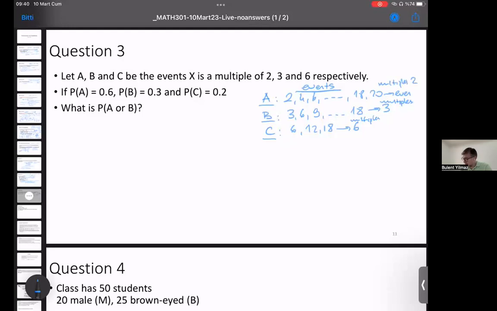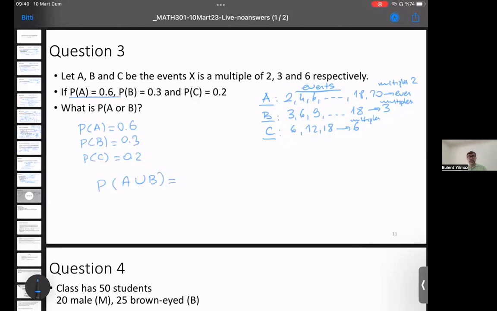Okay, what if I know that probability of A is 0.6 and probability of B is 0.3 and probability of C is 0.2? What is the probability of A or B?